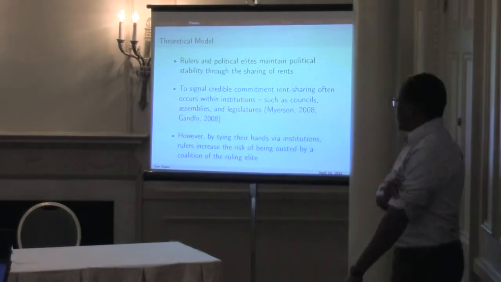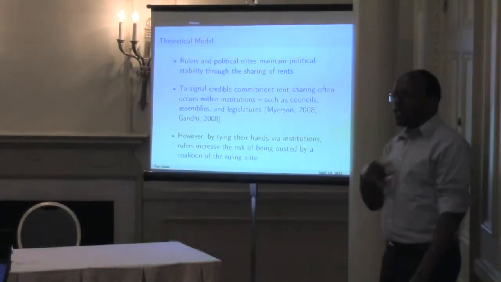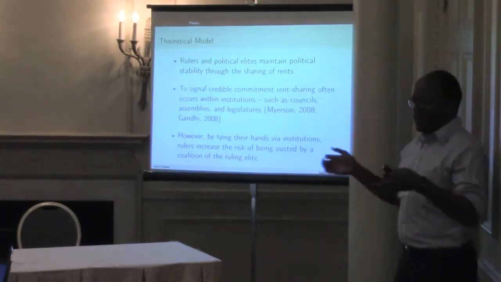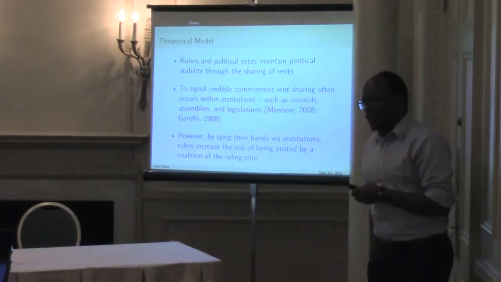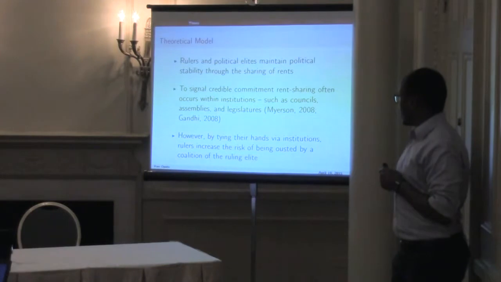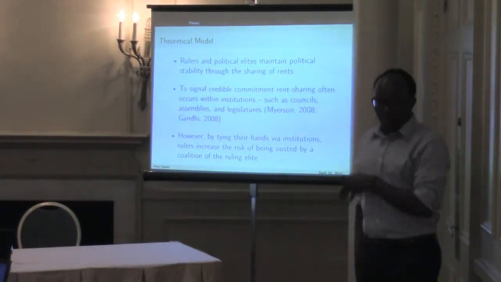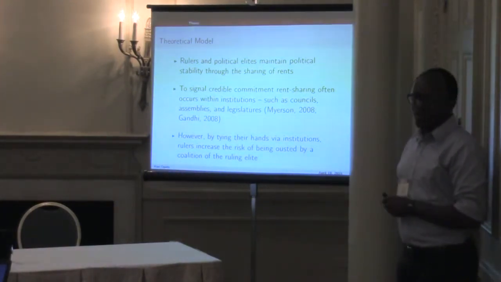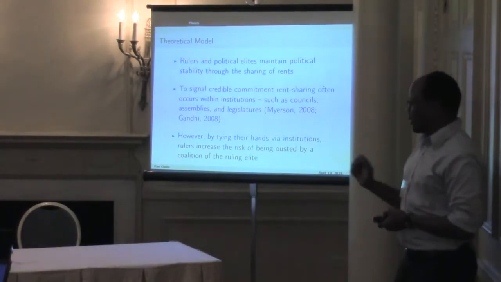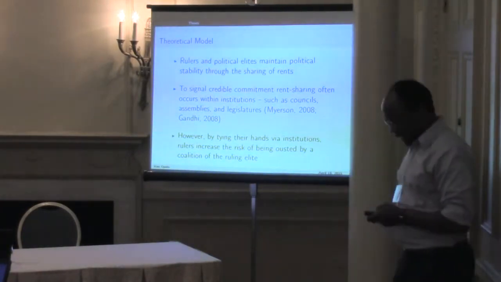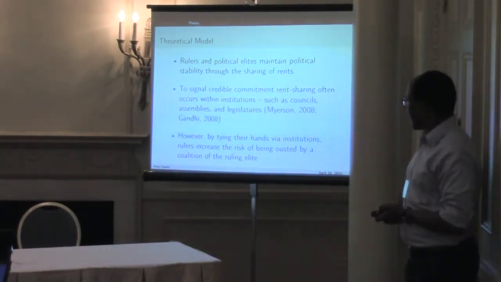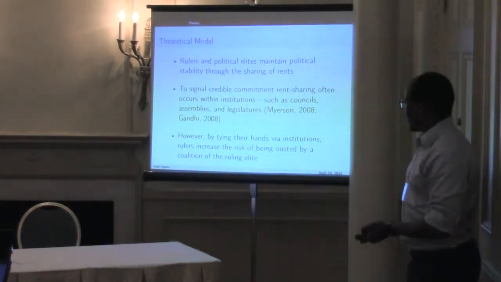And so, just on theory, all rulers need the cooperation of elites, and legislatures, even under autocracy, are useful in this regard. Gandhi has a famous book on autocratic institutions, showing that these institutions are not mere window dressing, they actually have an important function under autocracy.